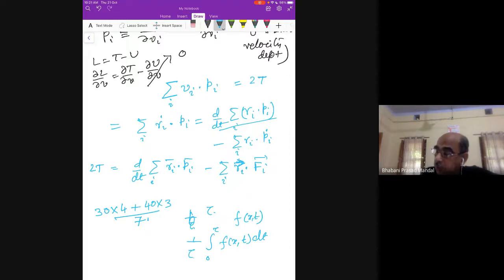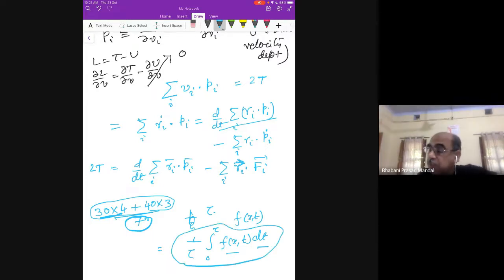Here we had a summation, but for a continuous variable the summation is replaced by integration. So the time average of a function x(t) over a time tau is 1 over tau, integral from 0 to tau of x(t) dt. This is called the time average. I think everybody is familiar with that.